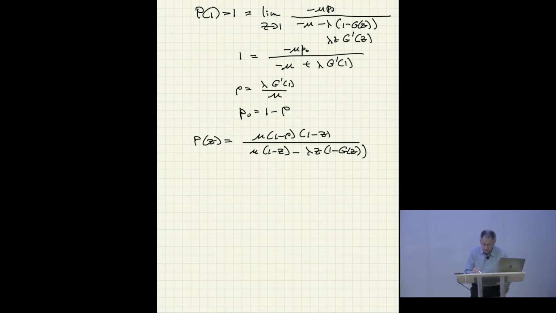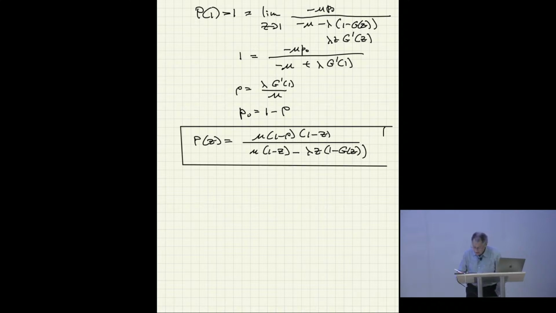Once you give me the distribution of bulk size, I can calculate g of z, and I'm done. And of course, there'll be a root of z equals 1 in the denominator. Now from this, we can easily find the average number in system, namely summation kpk.